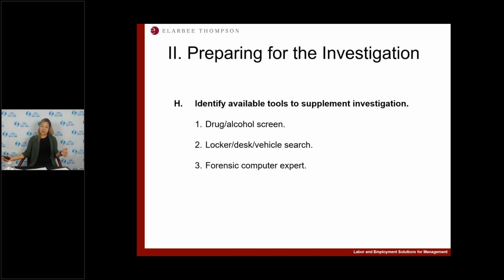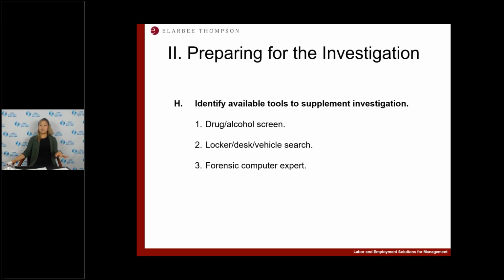This will depend on how developed your own IT department is. If you're small and it's, Bob knows computers pretty well, don't have him do it. If you've got a good IT department that is capable of going through emails and stuff like that, then that may be great.